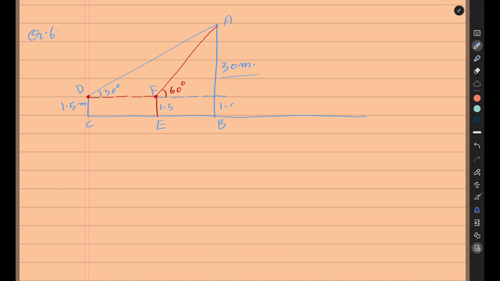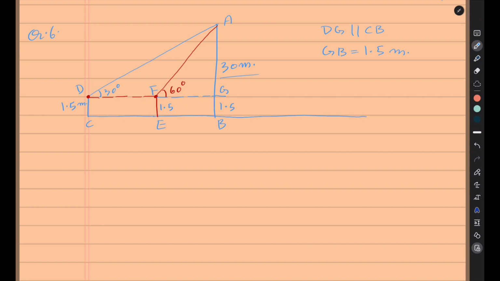And this will also be 1.5 meter because these two lines are parallel. If we call it G, then DG is parallel to CB, isn't it? So GB will also be 1.5 meter, and that is the height of the boy.